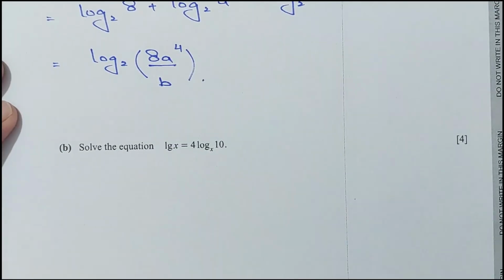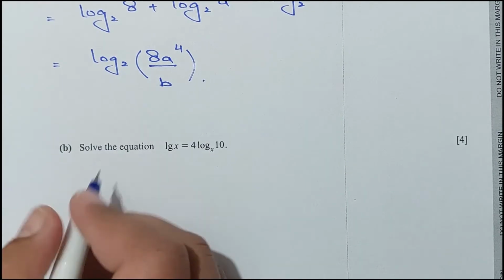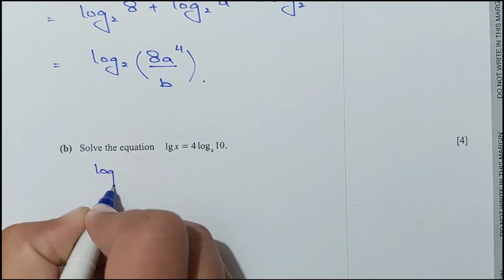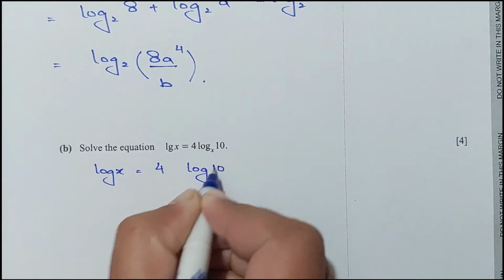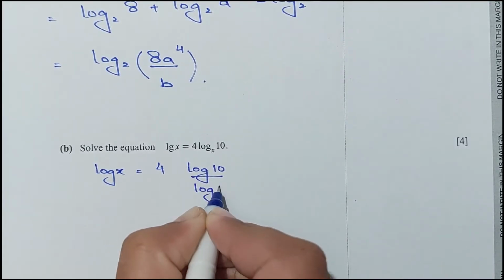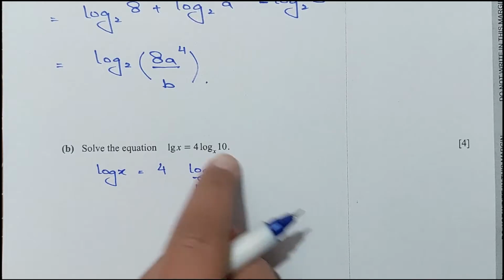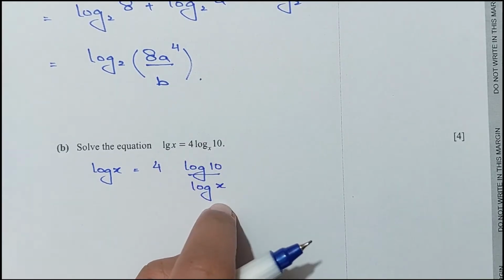Moving to part B, solve the equation log x equals 4 log base x of 10. Let me use the change of base formula over here. You can say log x equals 4 times log 10 over log x. In the change of base formula, the base is 10, right?